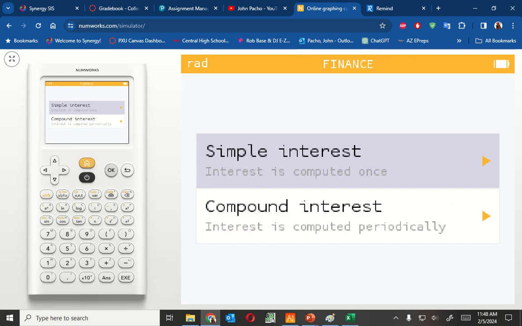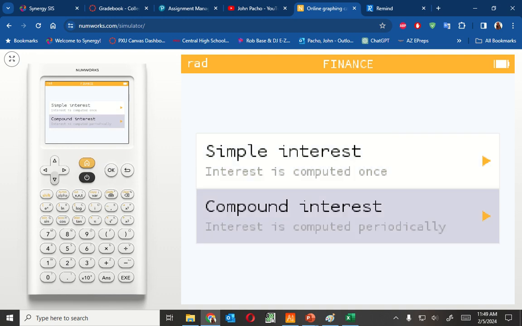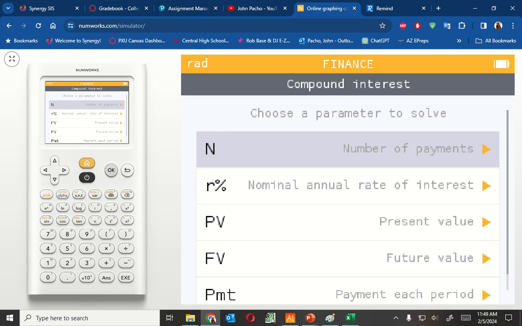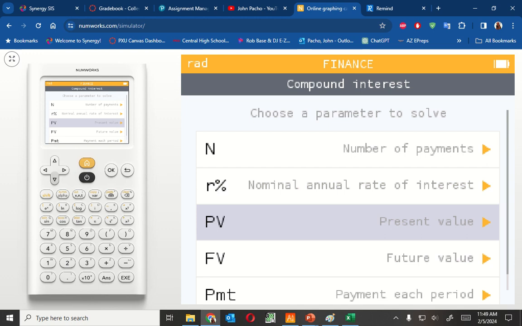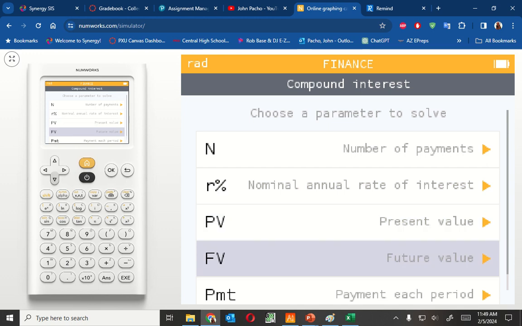Now, all these things that we're doing right now are going to be compound interest. They're all compound. Okay, we're going to go to compound interest here. What are we trying to solve for this time? The future value. Future value, very good. We already know what the payment is because I'm putting that in. I want to know what the future value is going to be. So, click on future value, hit OK.